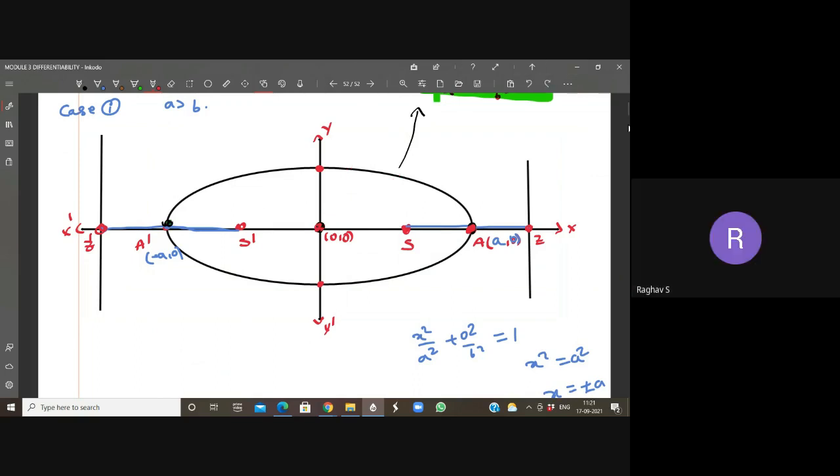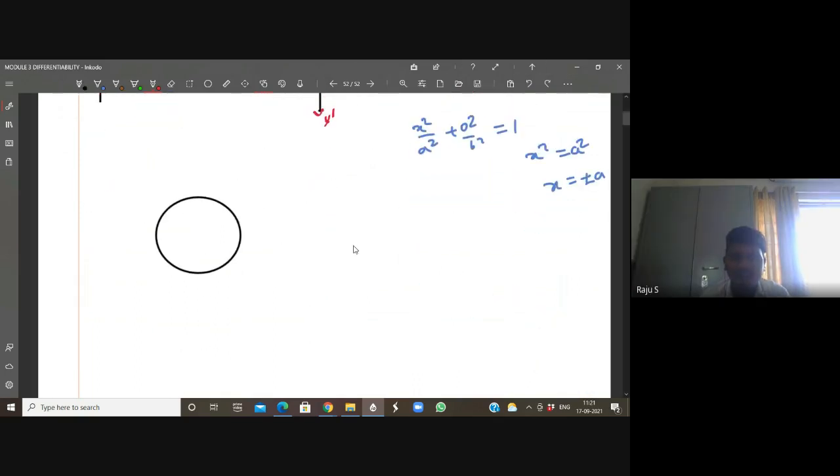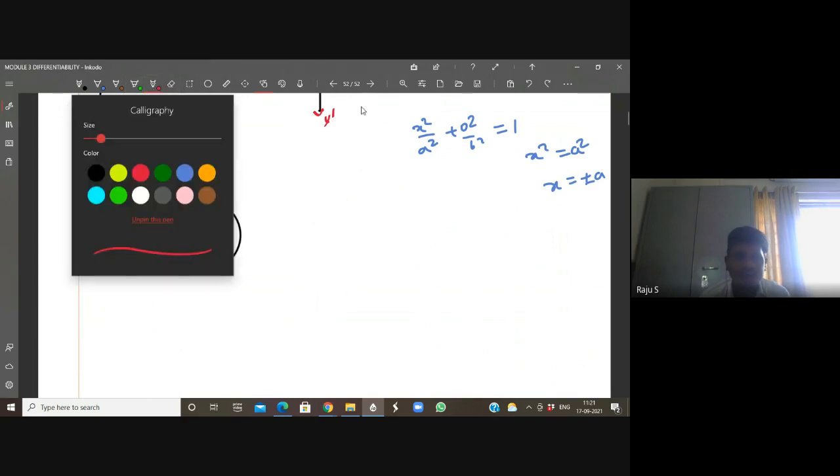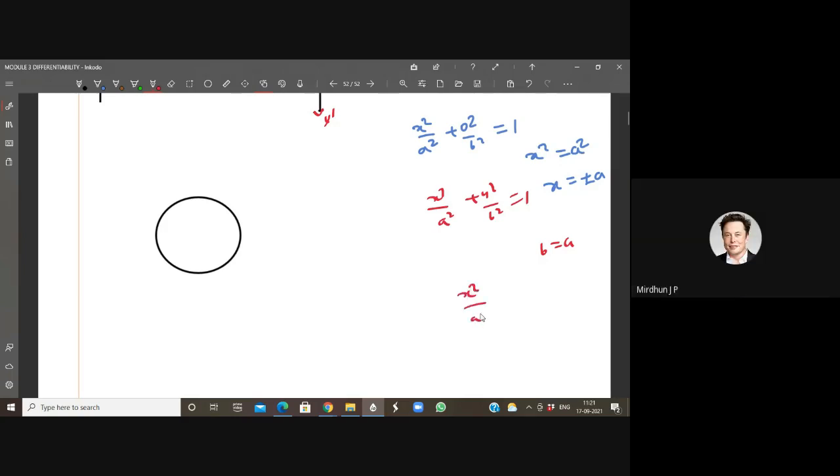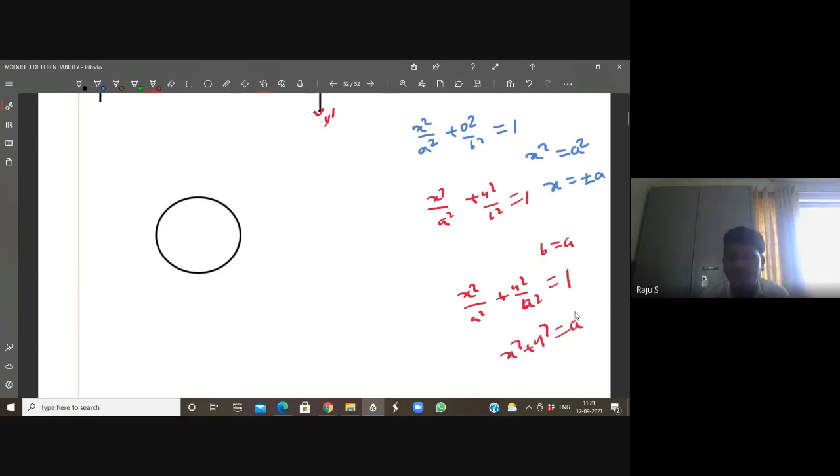In the ellipse equation, x square by a square plus y square by b square is equal to 1, when I take b is equal to a, what does the ellipse become? Then it becomes the circle equation, sir. Yes, x square plus y square is equal to a square, a fixed distance.